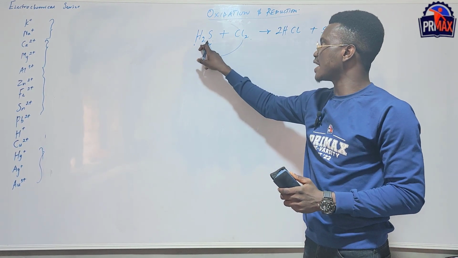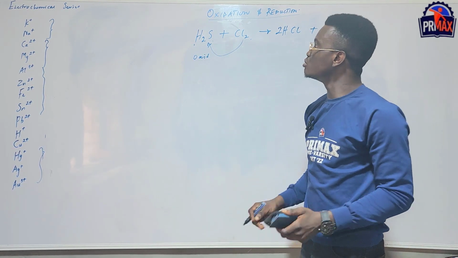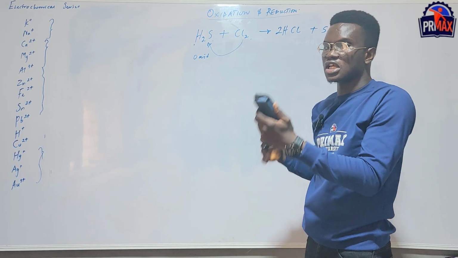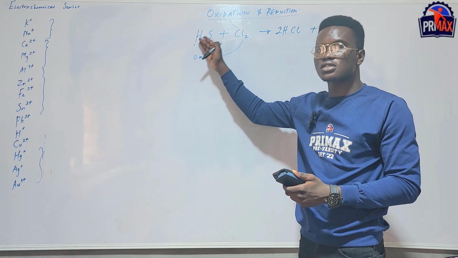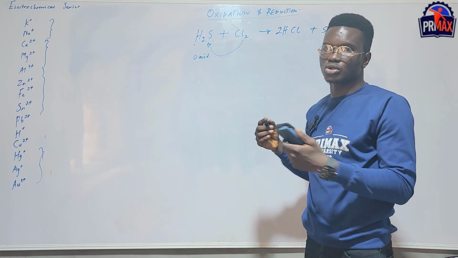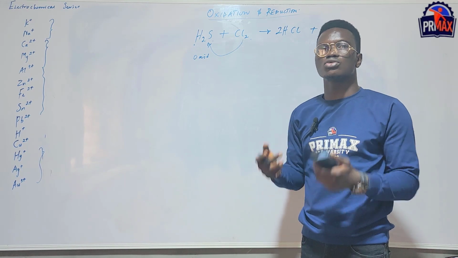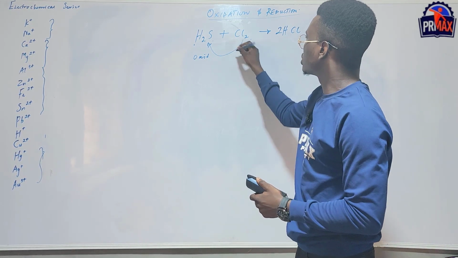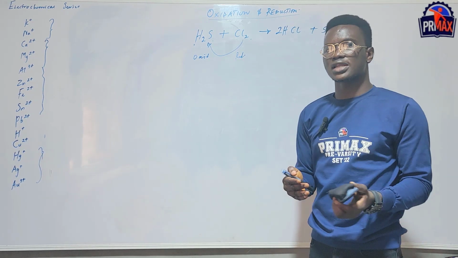Addition of this makes it undergo oxidation. From the definition, when you add a highly electronegative element, you remove the less electronegative element. So addition of a highly electronegative element to a substance is called oxidation. So why is this one undergoing reduction? I don't know if you understand that.